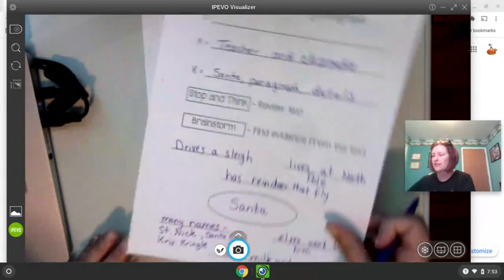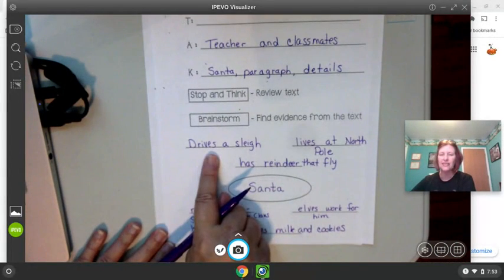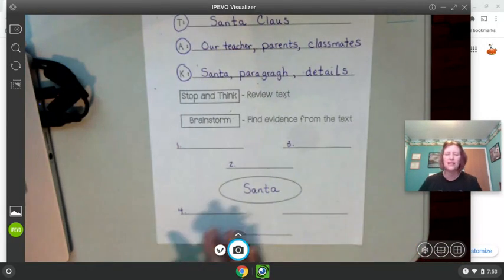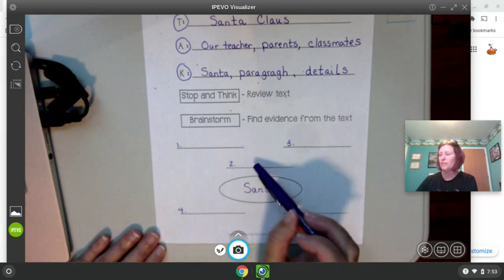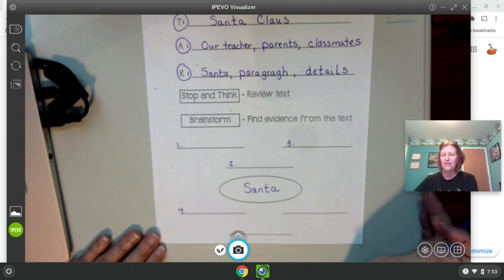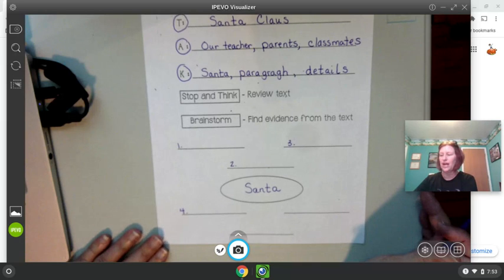They're just your short little ideas. Drives a sleigh, lives at the North Pole. Those are my small ideas. So write your small ideas. These are details about Santa that you are going to write on your brainstorming sheet. When you're finished, take a picture of it and put it in Google Classroom with this assignment.